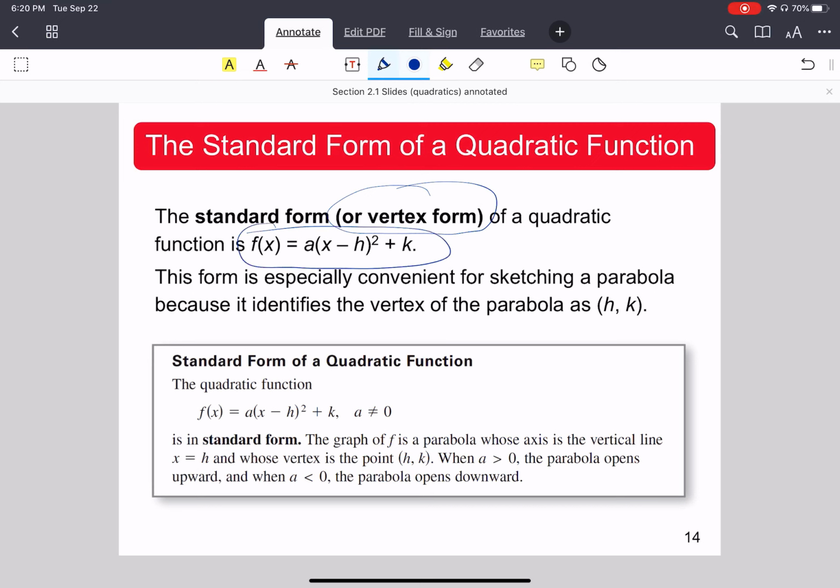This is very convenient, especially for sketching, because we can figure out what the vertex is. You look at the function and say, well, h is right here, k is right there. So h is the x coordinate of the vertex, k is the y coordinate of the vertex. X coordinate, y coordinate. So this is x, this is y.